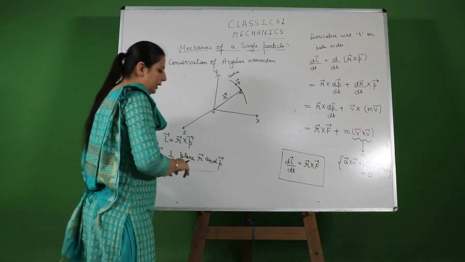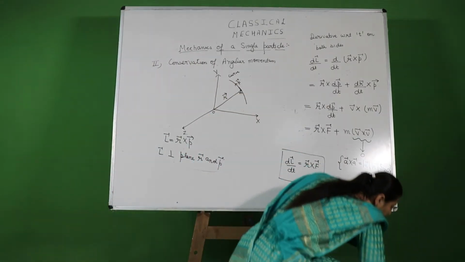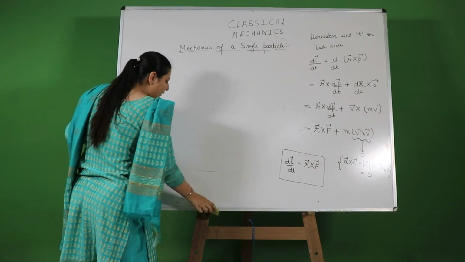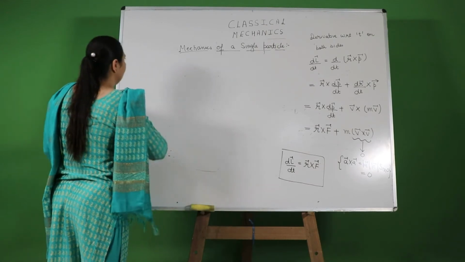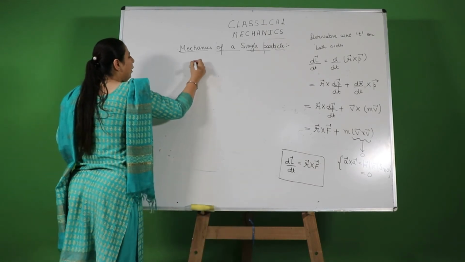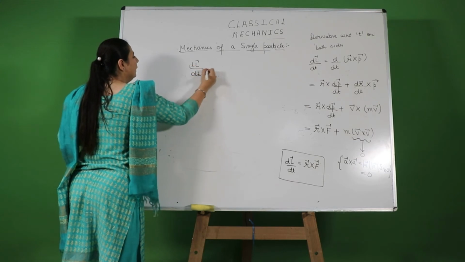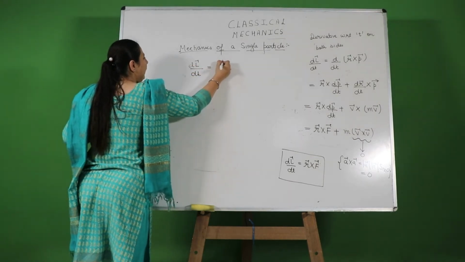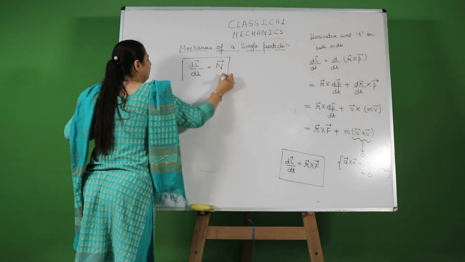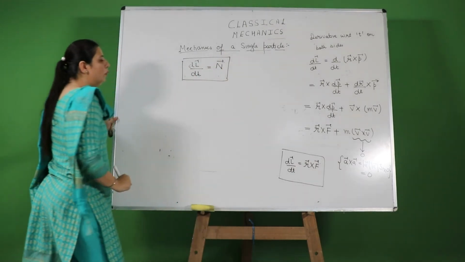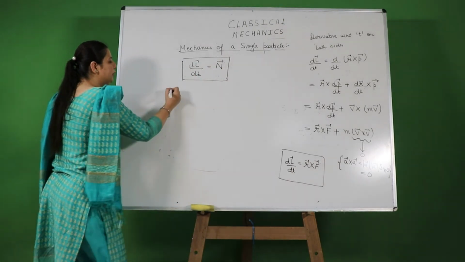So if you remember, what was r cross F? r cross F was nothing but torque. So what will I get? I will get dL upon dt equals torque. So what will happen when torque vanishes?